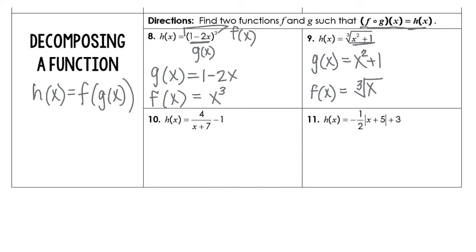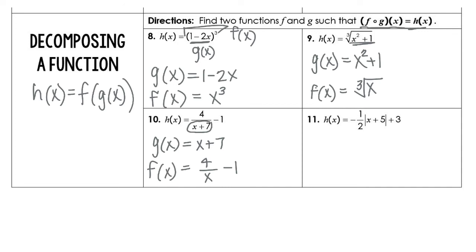Alright, so for our next one, number 10, that one's kind of a strange looking one. However, the substitution part is going to be right inside there. That's going to be your g of x is going to be that x plus 7. And then your f at x is going to be the 4 over x and then minus 1 out there.